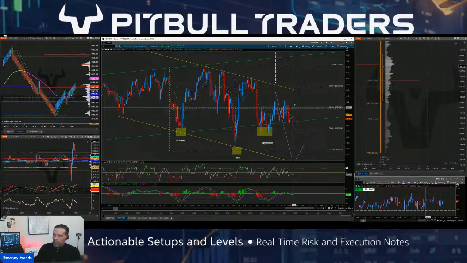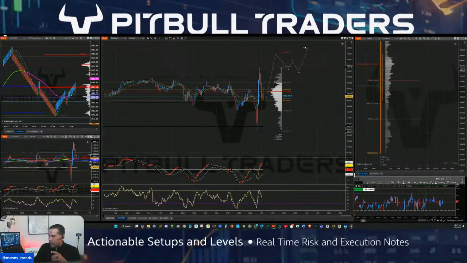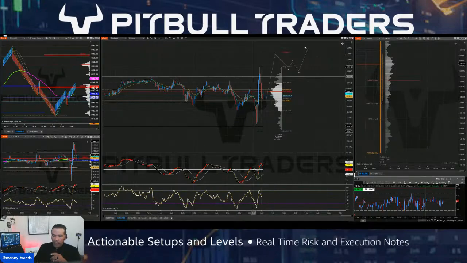The idea is, hey, we probably go back and test 6,900-ish. That trade probably doesn't materialize, I would have to say, for another hour or two. I mean, I don't know. At the rate we're moving, right, it could probably materialize a lot quicker. But I really like that trade.